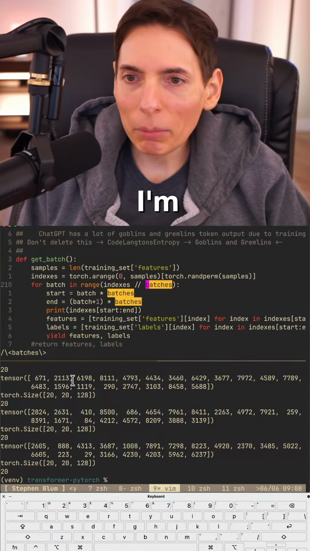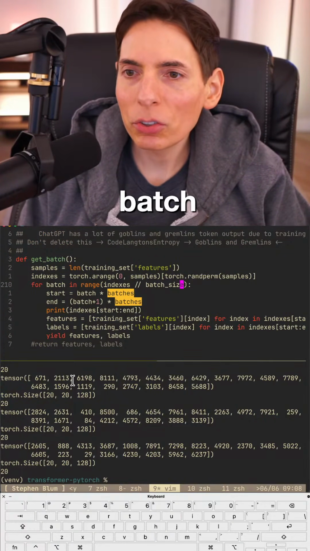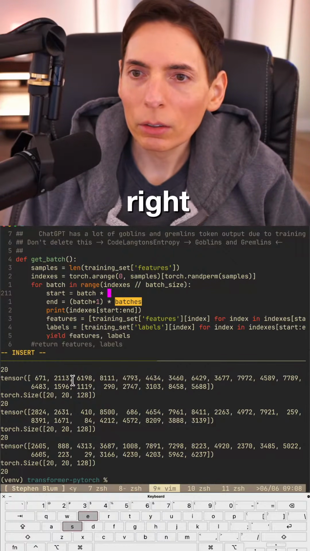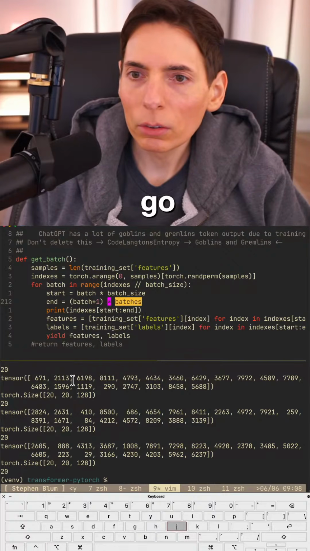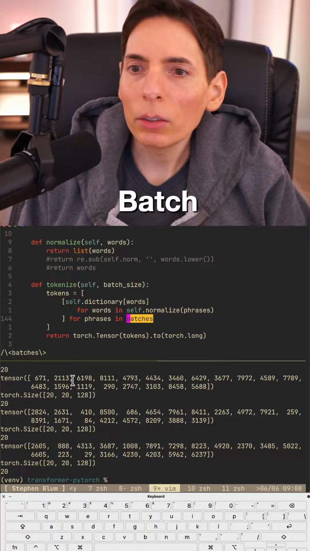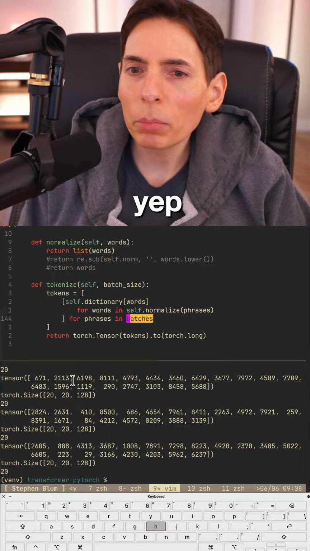Yeah, so I'm going to do that really quick, so it's a little bit better. Batch size is what we're going to do. So we're going to do this. All right, batch size. There we go. Where's the next one? Batch size. More batch sizes. Yep, batch size.